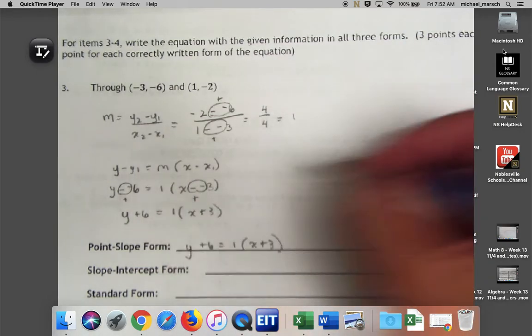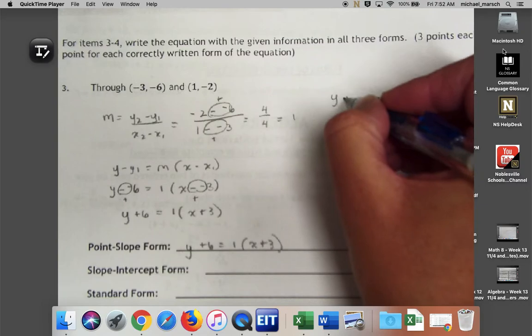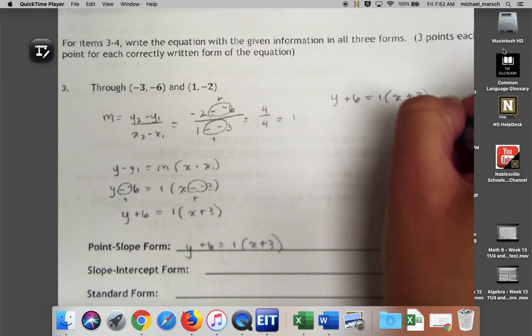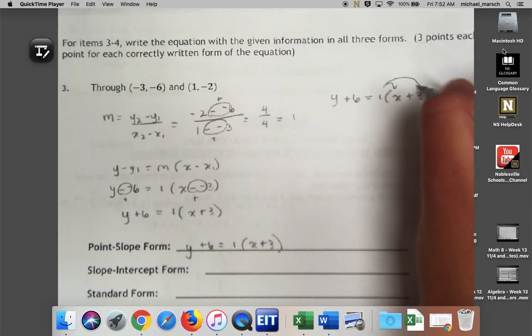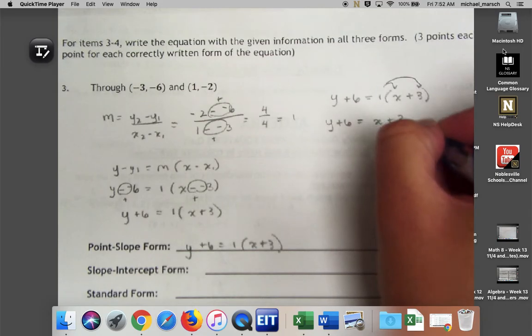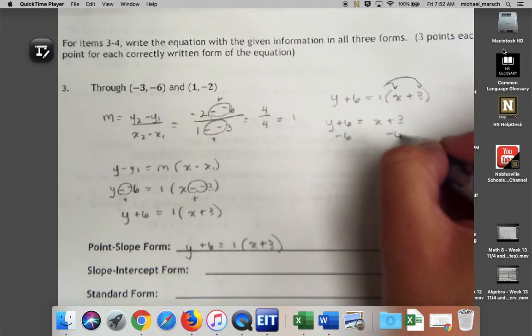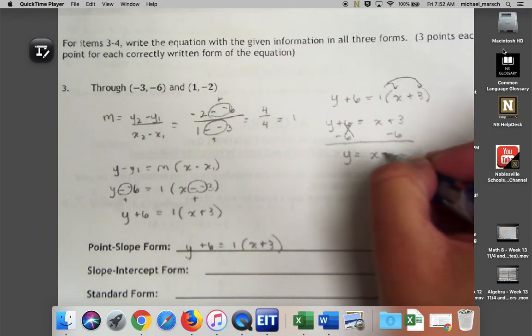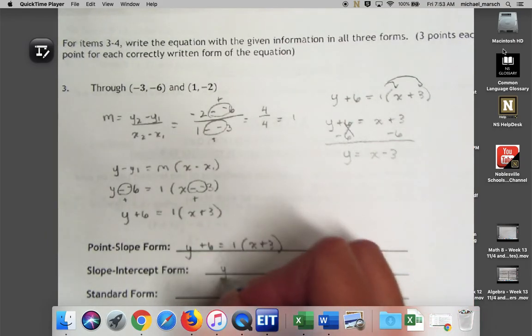So if I rewrite this up here, y plus 6 equals 1 times the quantity x plus 3. Distribute the 1. y plus 6 equals x plus 3. Subtract 6 from both sides. y equals x minus 3. So that's going to be my slope intercept form.